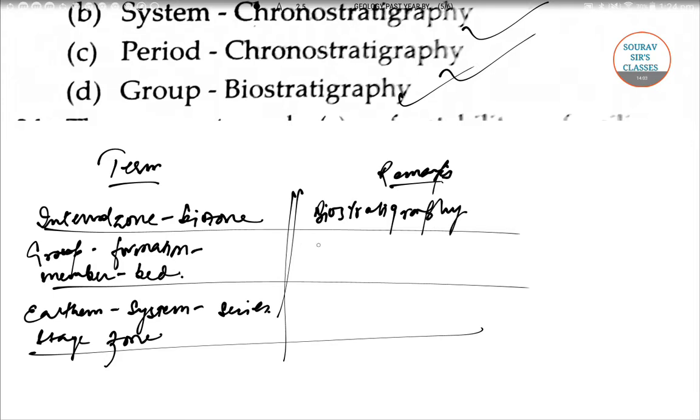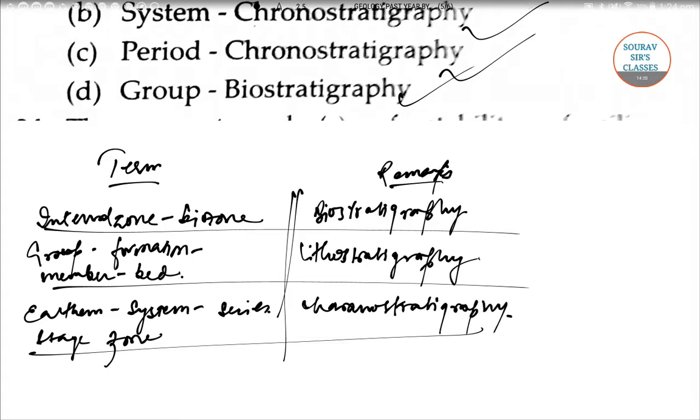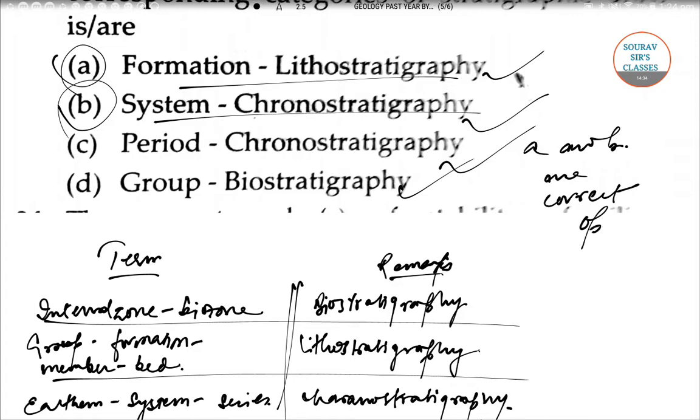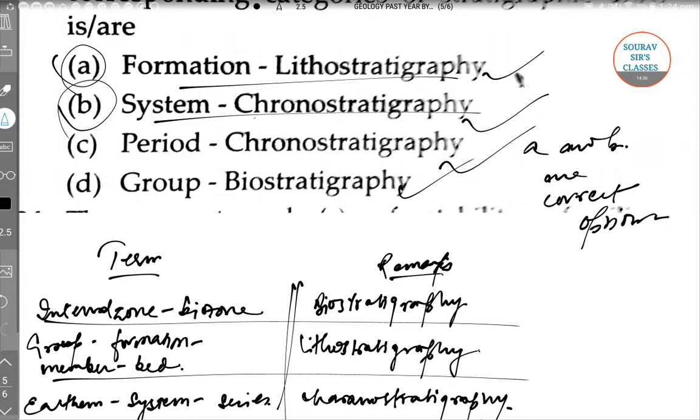For this one we have lithostratigraphy, and for this one we have chronostratigraphy. So ranks of stratigraphic units are indicated in the following table. So we can write that both A and B are the correct options, that is formation lithostratigraphy and system chronostratigraphy. Let's move to next question.